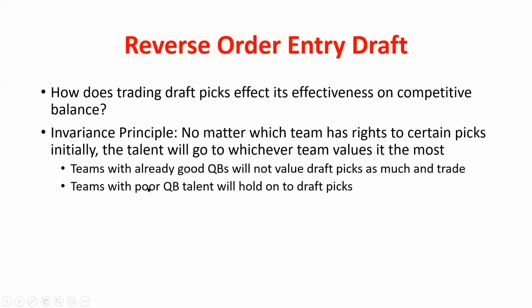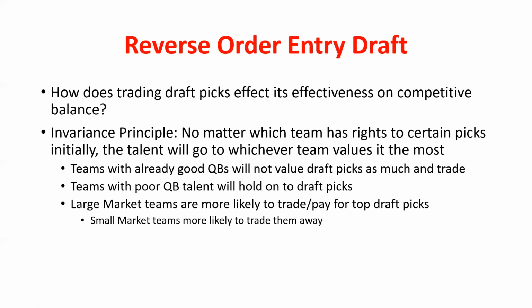Some of the teams that have poor quarterback talent might hold on to it more because they really need a top pick to get a top quarterback. Whereas teams that already have good quarterbacks won't value those top picks nearly as much. They can still get the players they want by drafting 5, 6, 7, after they know that all the teams above them are going to choose these quarterbacks that they don't need.